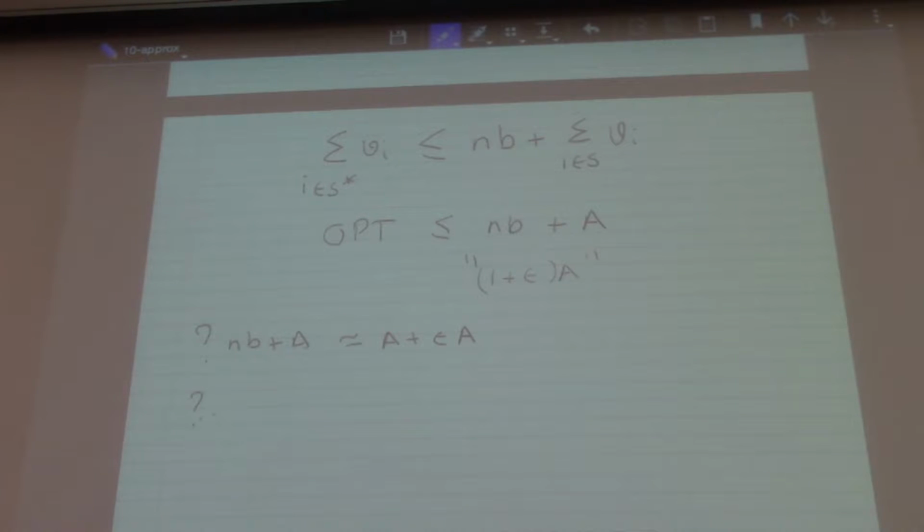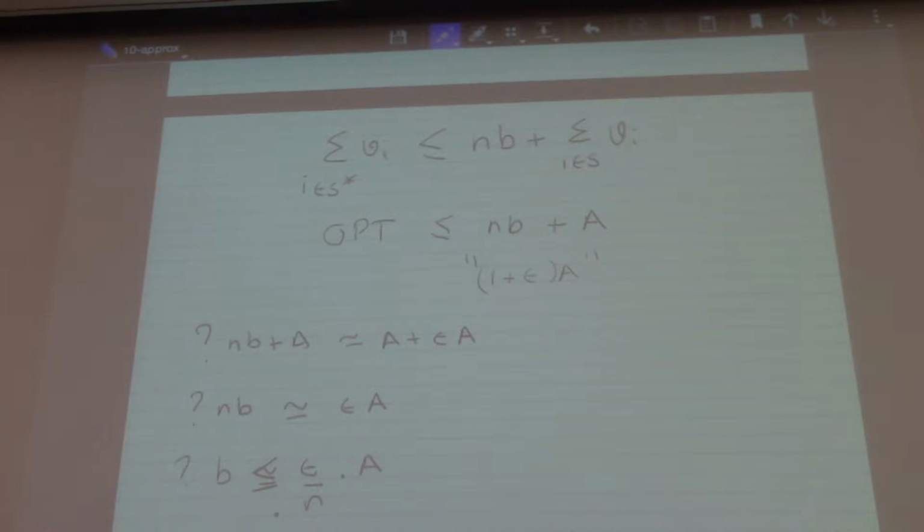So we kind of want n times b to look like epsilon times a. Right? So we want b to look like epsilon over n times a. In particular, we want b to be less than or equal to this quantity. And then everything will be fine.